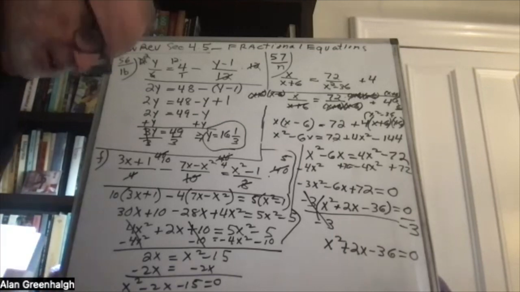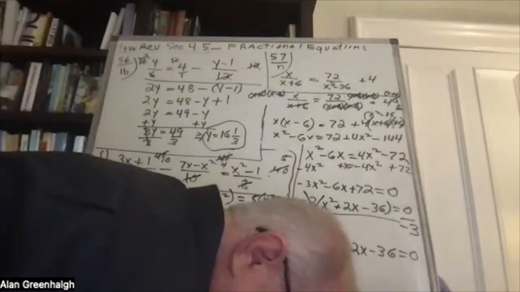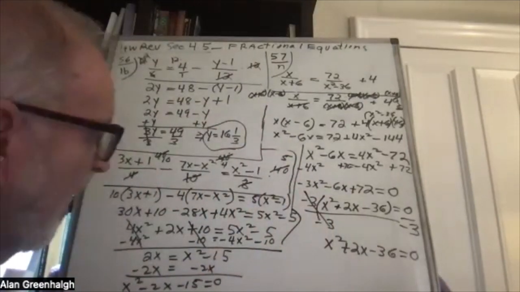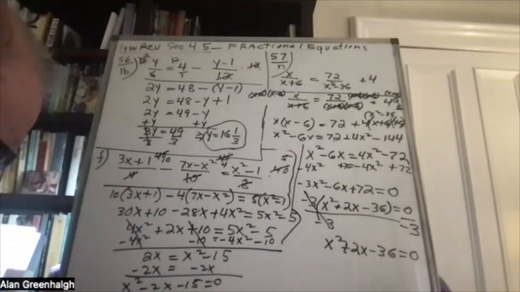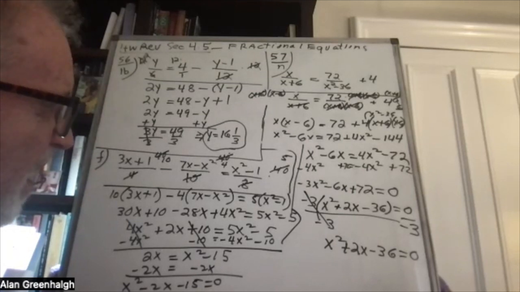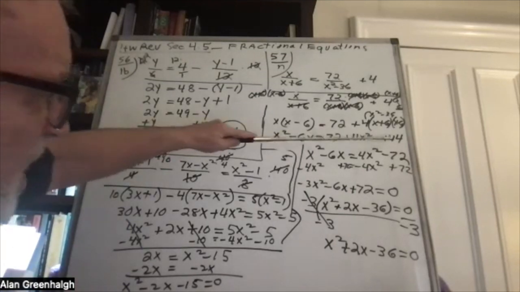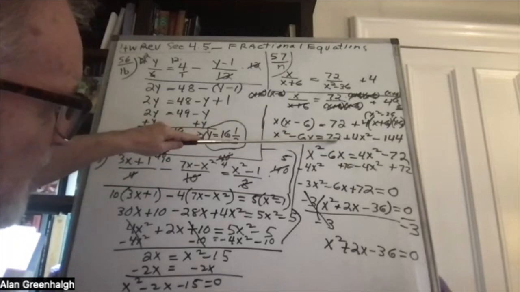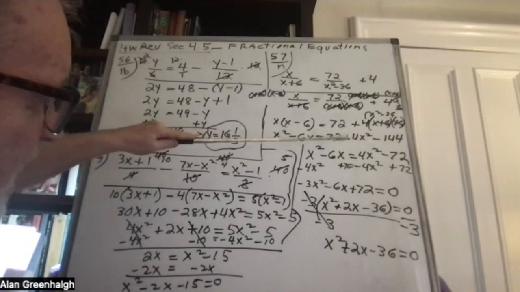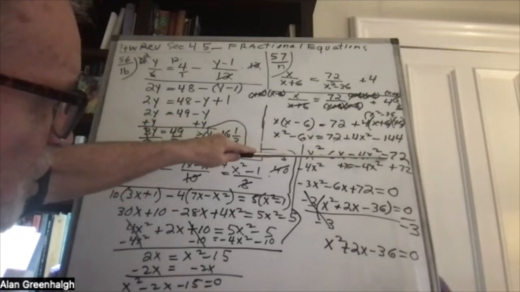Two numbers that, Professor, but what happened to the minus 144? Yeah, I put the negative 144 together with the 72, and I got a negative 72.